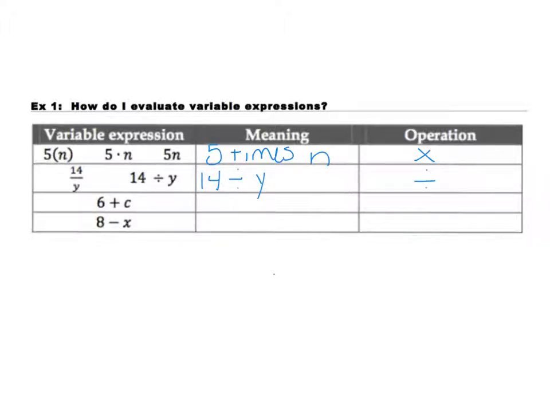All right, my next one, I have 6 plus c, and this is to add. And when I have 8 minus x, so it's 8 minus x, and again the operation there is to subtract.